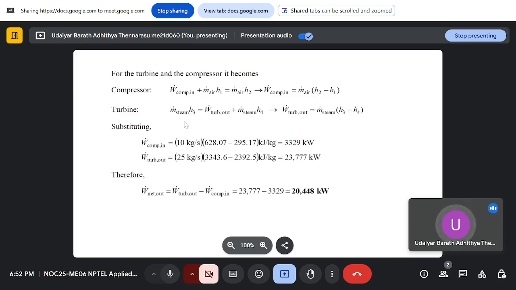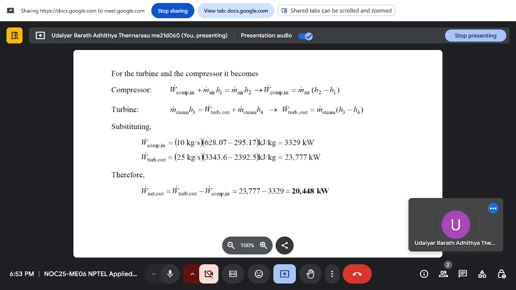Similarly for the turbine, m dot of steam at H3 at the inlet equals the turbine work out plus m dot steam H4. So the turbine work is m dot steam into H3 minus H4. Compressor work is coming into the system, which is negative.